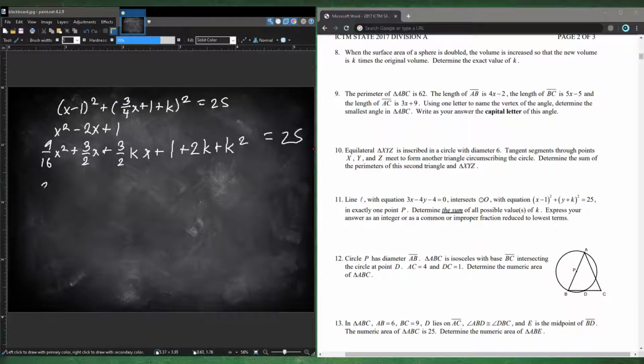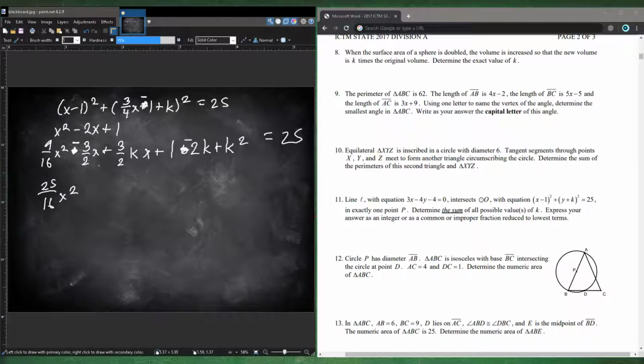So adding that together, that's 25/16 x squared. And then, oops, sorry, this one is supposed to be a minus, I believe, because that's a minus 4 divided by 4. Yeah, that's minus. So this one is supposed to be a minus, and this should be positive. That's fine. This plus 1. This is minus 2k.